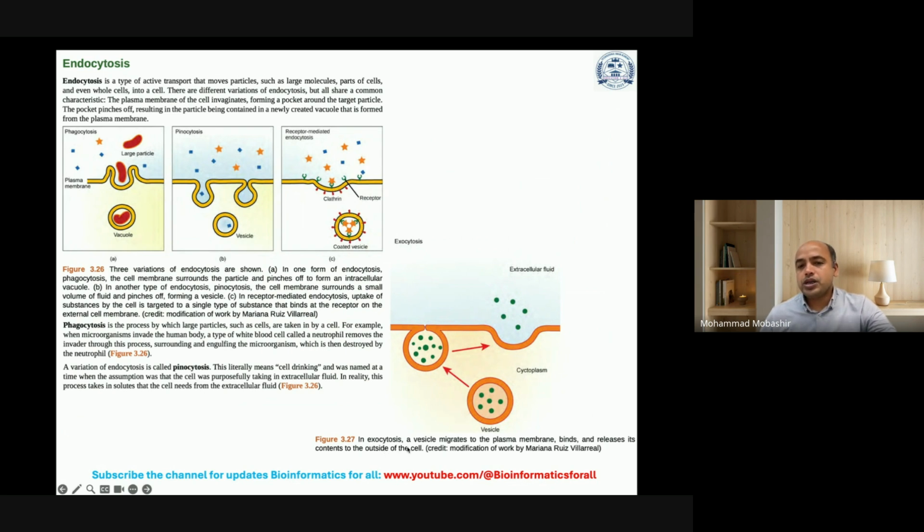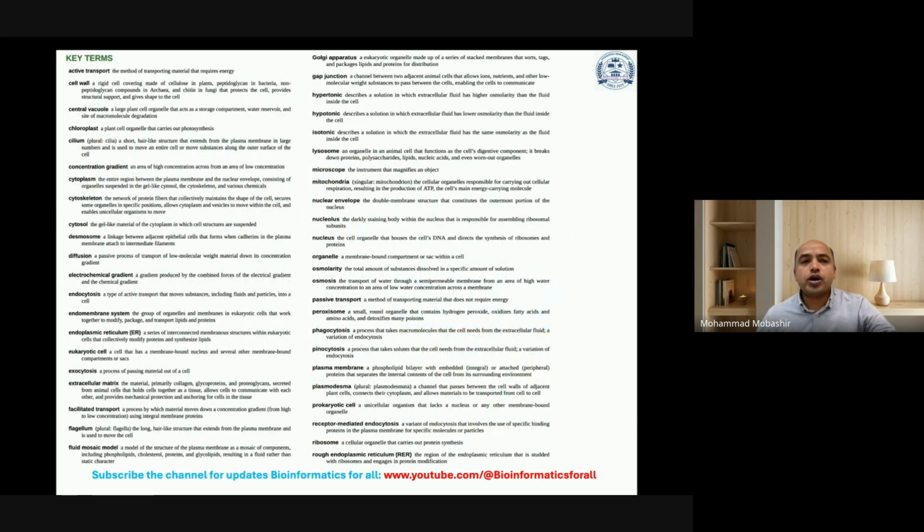Then in exocytosis, a vesicle migrates to the plasma membrane, binds and releases its contents to the outside. So it is from the name itself: exocytosis, outside the cell. Now, there are some key points from this chapter which you need to remember.